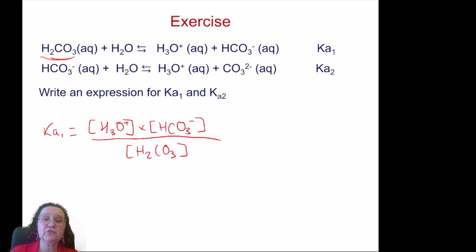In a similar fashion, if I wanted to write the second acidity constant for carbonic acid, I would write the product of the concentration of the products.